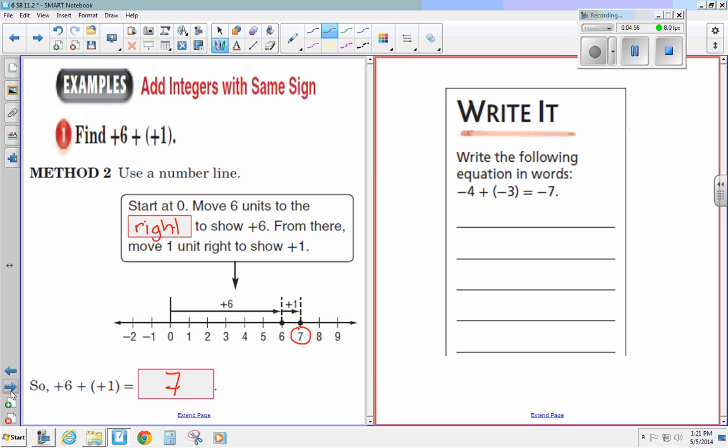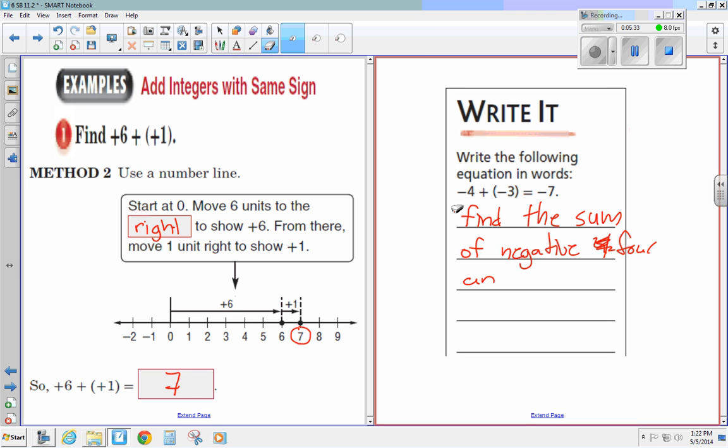All right, write the following equation in words. Now you wouldn't say write -4 plus -3 equals -7. We're looking at the fact that you're going to say, well, I guess you wouldn't say find.